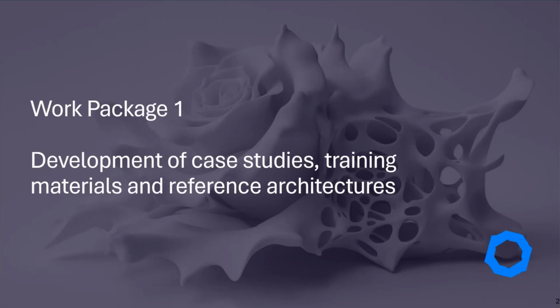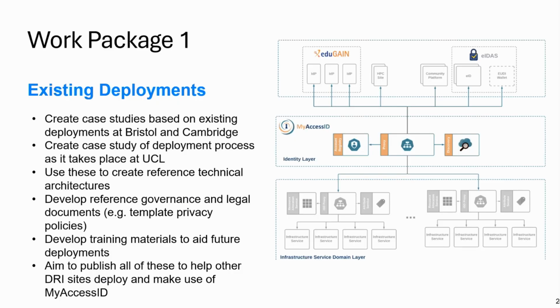So looking at the first work package, the AS sites currently, both of the AS sites, Dawn and December, make use of MyAccessID as a federated IAM solution. So that's an existing deployment, and UCL is looking at how to deploy MyAccessID.